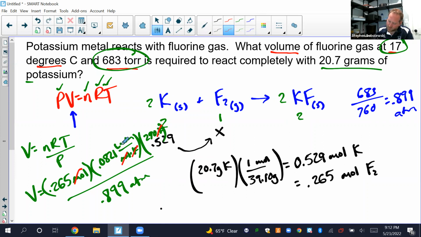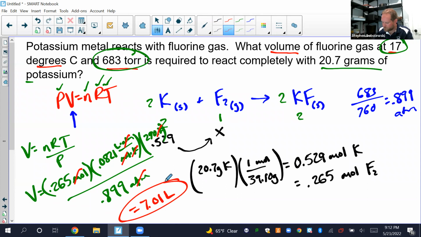Kelvin cancels Kelvin, atm cancels atm. I'm left with liters, which makes sense. 0.265 times 0.0821 times 290 divided by 0.899 gives me a final answer, 3 sig figs work, of 7.01 liters.